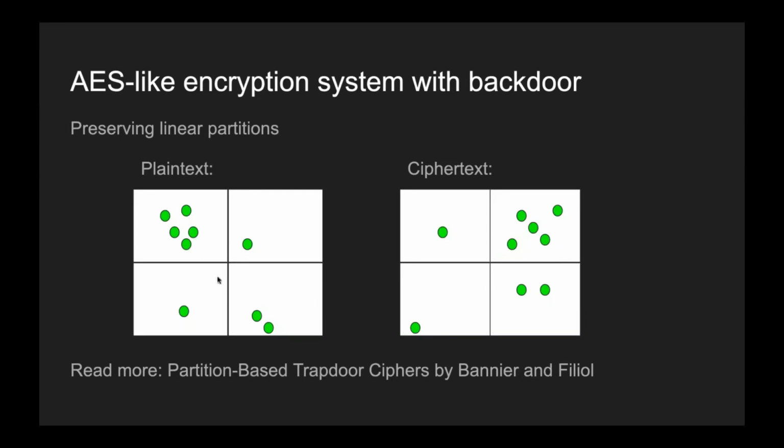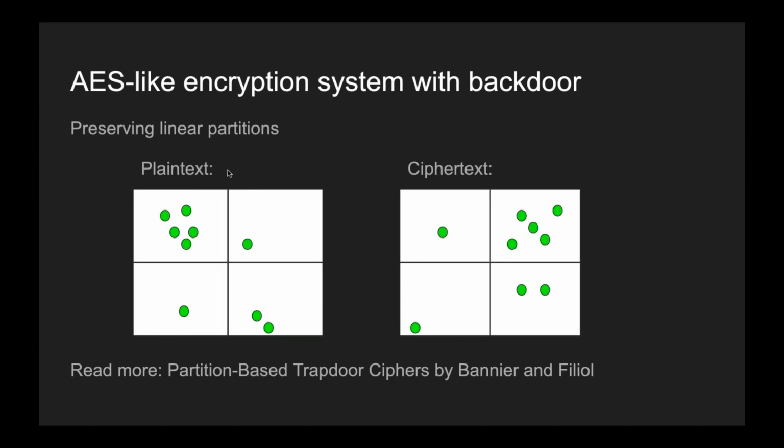Ideally, this should be random, and so all these dots in the plaintext should look pretty spread out in the ciphertext. But if you notice, in the plaintext there are 5 dots clumped together in the top left, and there are still 5 dots clumped together in the top right in the ciphertext. And the dots stay in each of the quadrants. They move around a little bit, but the quadrants stay separated.